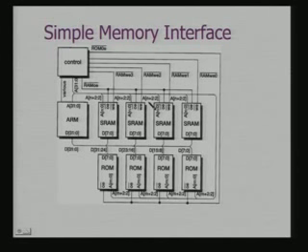Let us see how we can connect a simple SRAM and a ROM module. This is a typical ARM core, and this is a control logic that I can build. I can connect these SRAMs. These are all 8-bit SRAMs, okay, and these are all 8-bit ROMs.